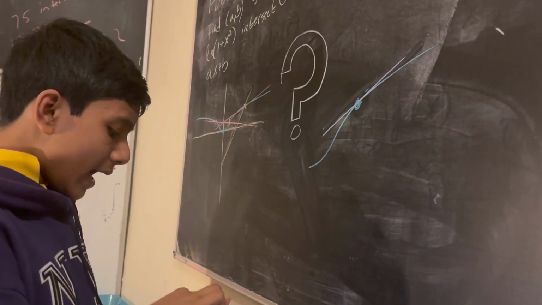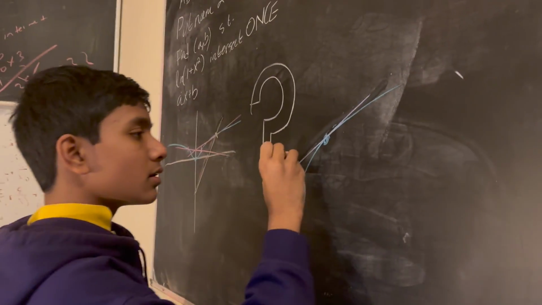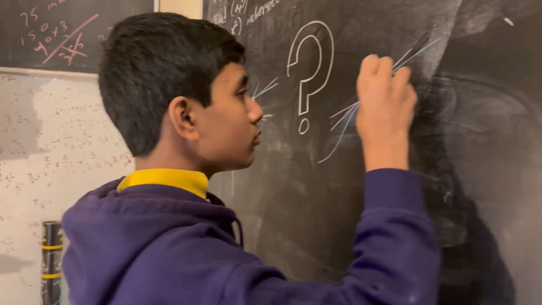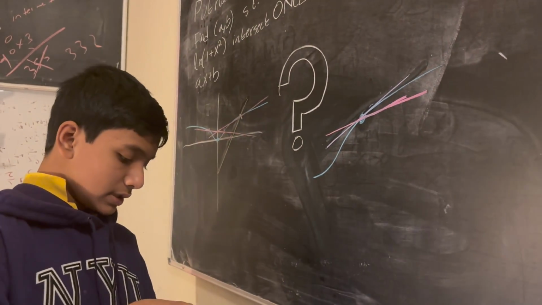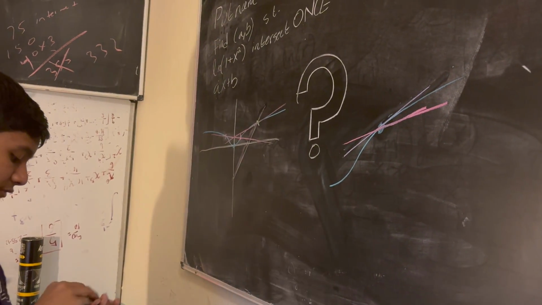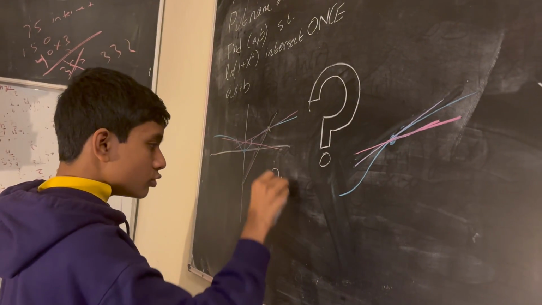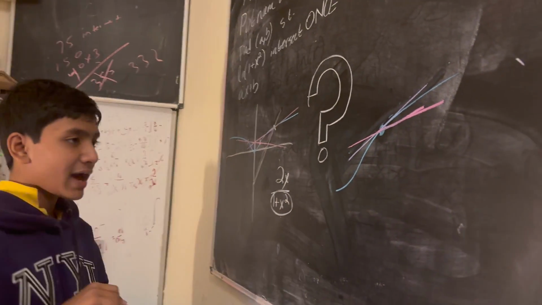So now, what happens if we decrease the slope in that? Well, here's what's going to happen. Since the slope actually decreases over time, you can figure this out because it's 2x over 1 plus x squared once you take the derivative, and this one grows faster.